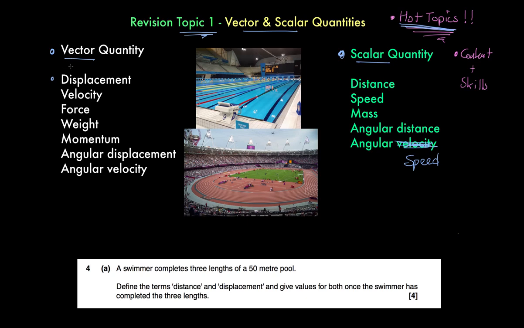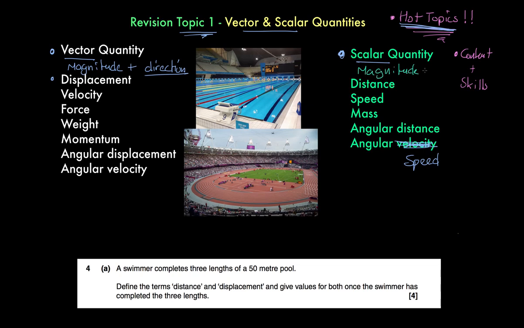But a vector quantity has both magnitude, that is to say that it has a size, and it has a direction. Okay, so a vector quantity has to include this concept of direction, whereas our scalar quantities have a magnitude only. Magnitude only.